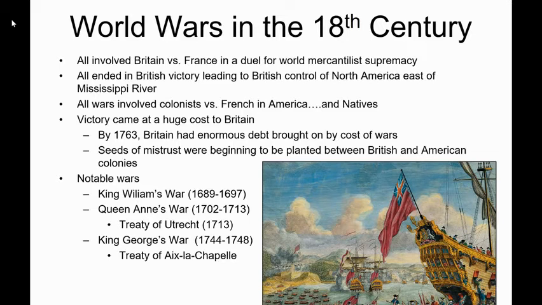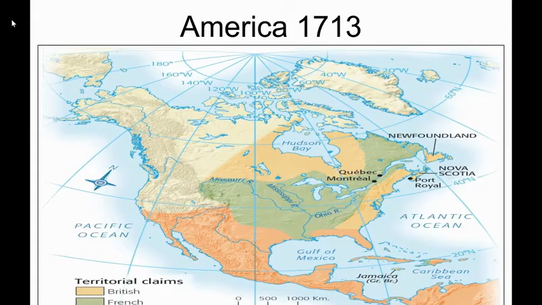But really that mistrust would not be fully realized until during and after the French and Indian War. Okay, so as of 1713, after the Treaty of Utrecht, this is what North America looked like in terms of territorial claims. You can see that northern Canada, which there really wasn't much up there, was kind of loosely controlled by the British.